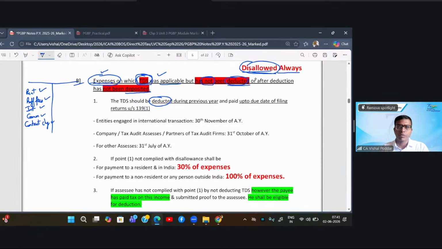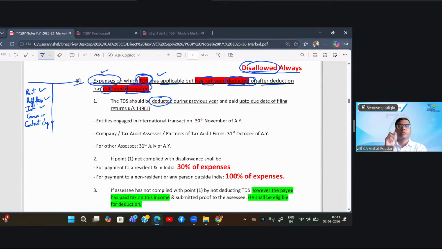First fault. Or you had deducted the amount, so you deducted that 50,000 and made payment of only 4 lakh 50,000 to me, but you did not deposit the amount. So either you failed to deduct, or after deduction, you failed to deposit.